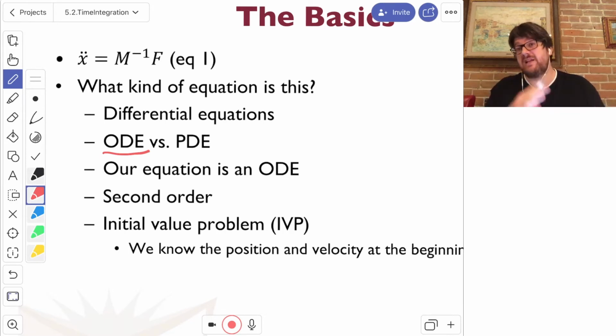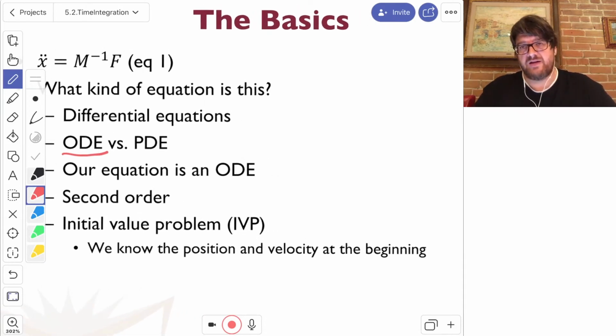Otherwise, you can have infinitely many solutions, because constants are removed when you differentiate. For example, if x is a solution to this equation, x plus any constant is also a solution. This is why we need ways to pin it down. In this case, it's the velocity and position at the beginning of my simulation, which we usually call t0.